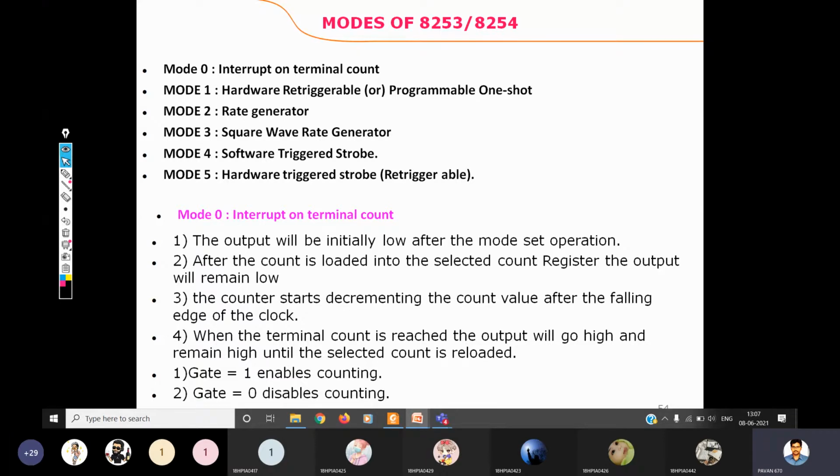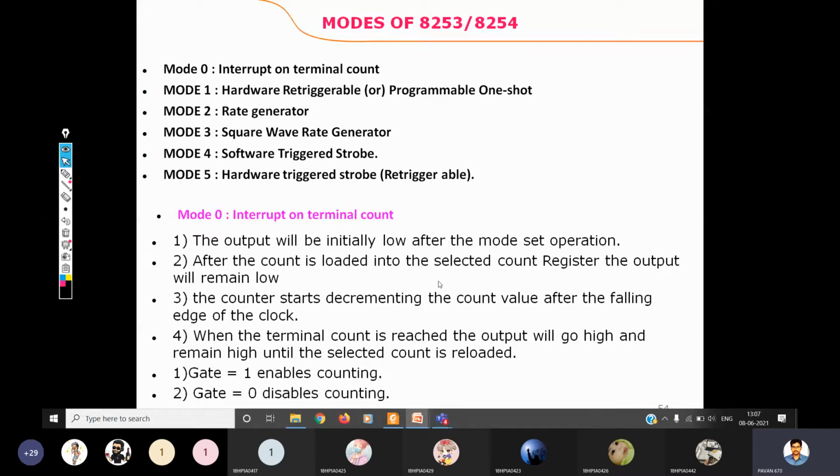Within these 3 signals, the out signal is initially low if a counter is operating in mode 0. How far will it be in the low state? We will have a look at it.